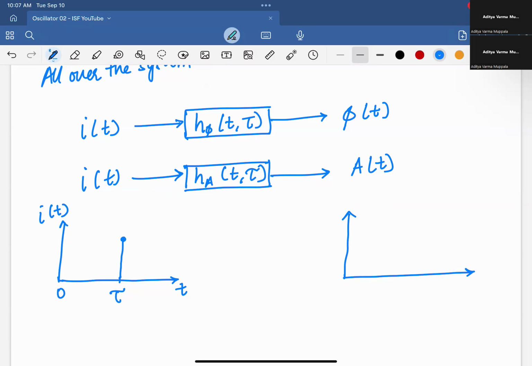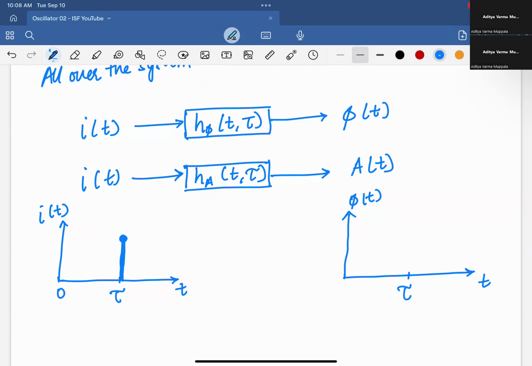So we send an impulse into the system and we want to see how the system responds to that, right? And tau is the time point at which this impulse occurs, right? So at 1 second, for example. And then we want to see, at the same tau, how does this react?